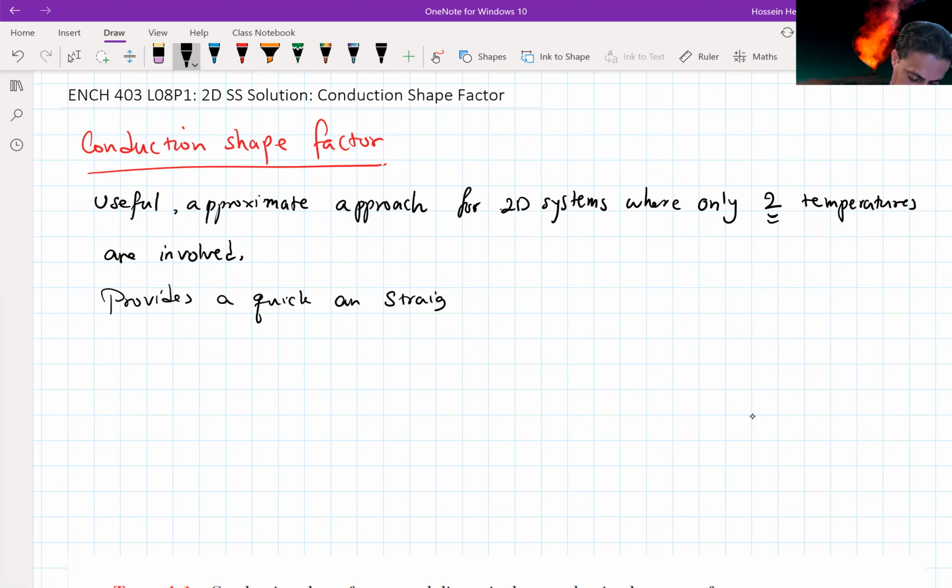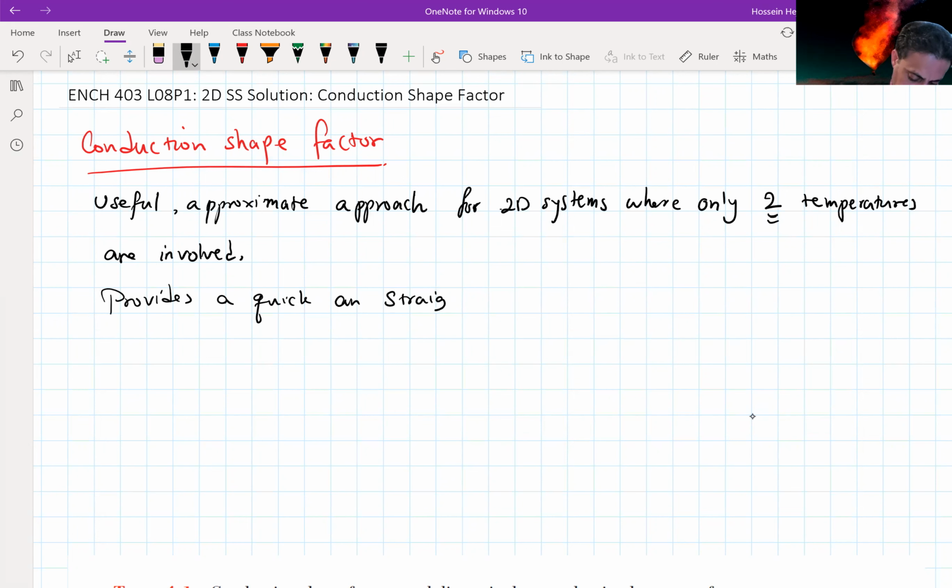But what is a conduction shape factor? How do we define it? If we write the heat flow equation by conduction in a general form, that is thermal conductivity, some parameter called S or shape factor, and delta T overall in the system, which is equivalent to delta T divided by 1 over kS.